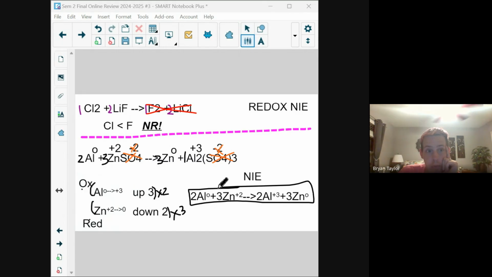That's literally it with net ionic. You've seen hard ones, you've seen easy ones. But yeah, any questions? Yeah, that's literally it. That's nice. That covers everything.